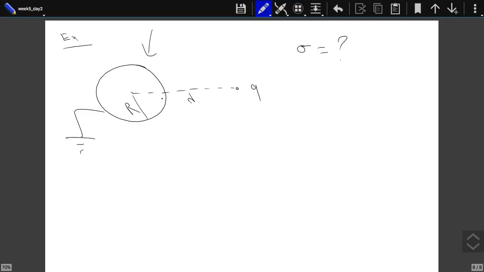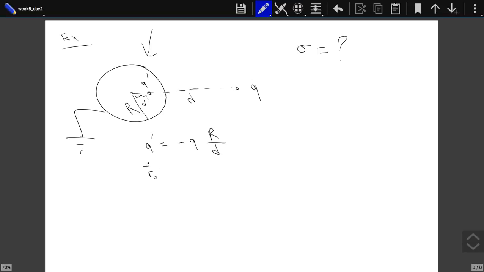Now, we had already discussed that the potential created by this grounded conducting sphere with a point charge is the same as if we put some Q prime charge over there at a distance d prime, such that Q prime should be equal to minus Q times R over D. Now let me define some vectors.